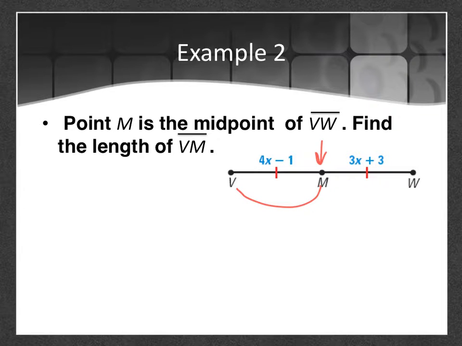What's true about these segments? They equal each other. So I can say that 4x minus 1 equals 3x plus 3. If it had told me VW equals a numeric value, then you can add them and set it equal to it. That's the segment addition postulate. But it's not saying that. It's just saying that they're equal. So then subtract the 3x.